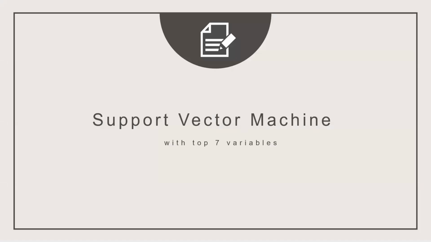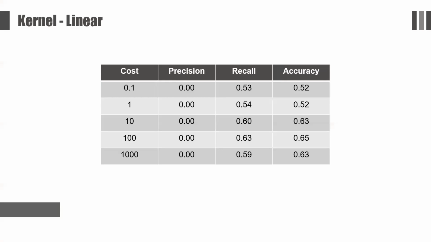Yeah, as Biwa has mentioned just now, we have selected the top 7 significant variables in our previous assignment. Hence, we ran the whole training process on these selected 7 variables. In the linear kernel, the performance of all the models with different parameters is not good, as the precisions are all 0.